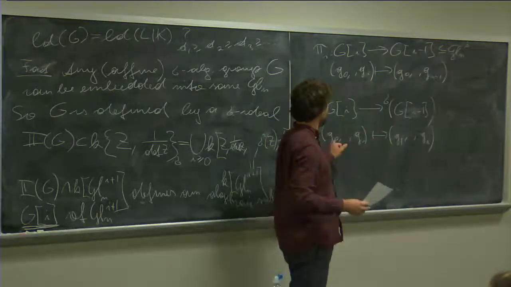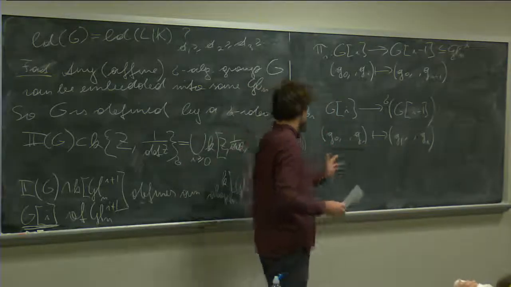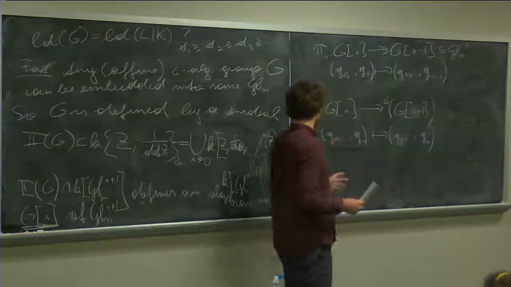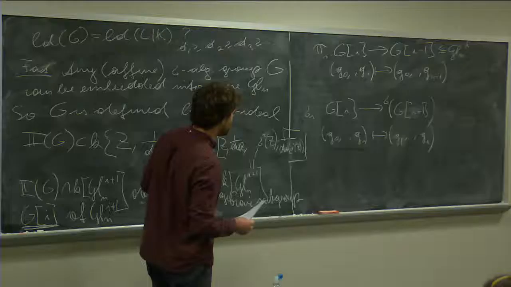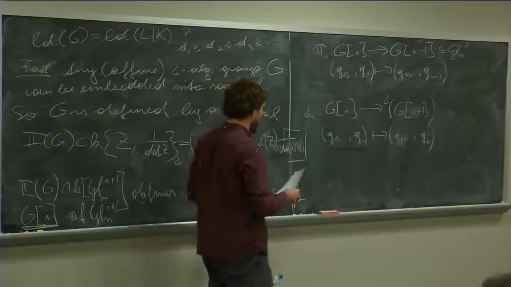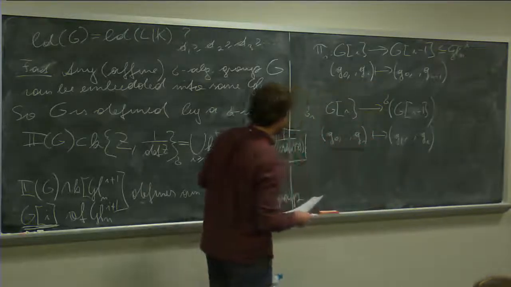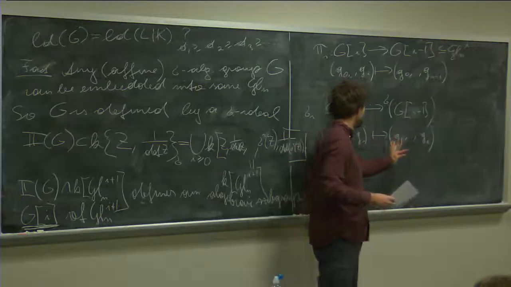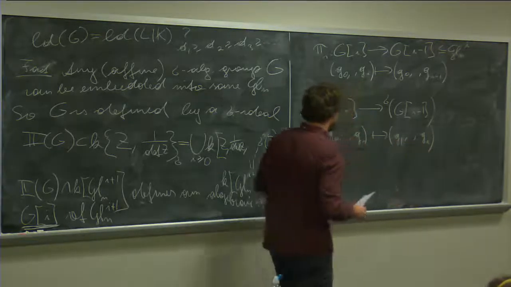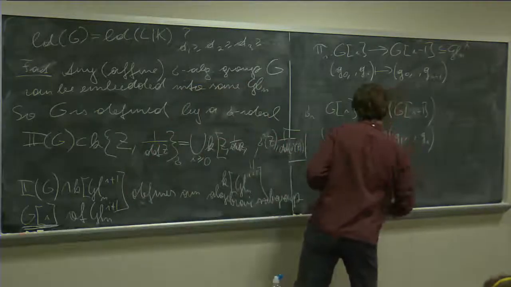So here, this tuple satisfies all difference algebraic relations up to order i, and then we forget the G_0, and we ask, which relations are then satisfied by these?